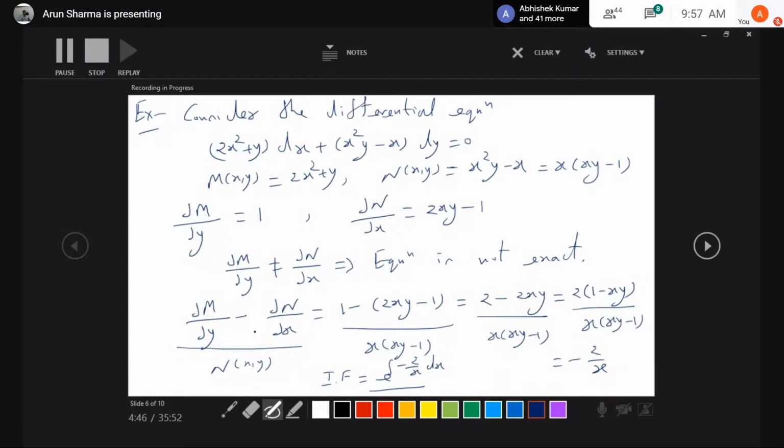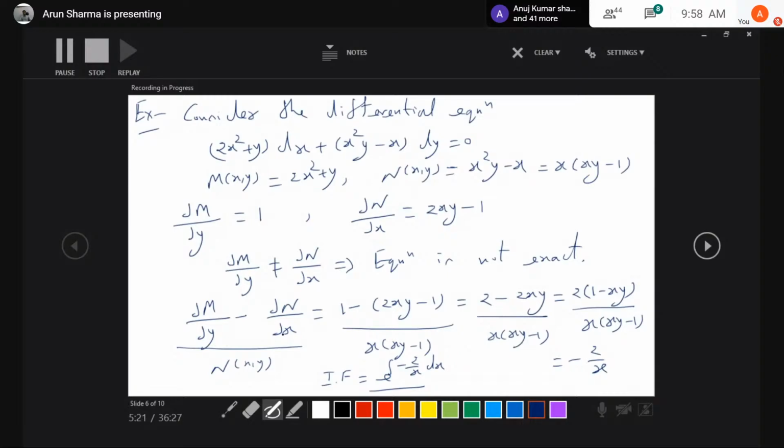If you evaluate this, just do some mental calculation and try to divide it by N and M. If you divide it by M, you will get some function of y. So in that case, just take ∂N/∂x minus ∂M/∂y.